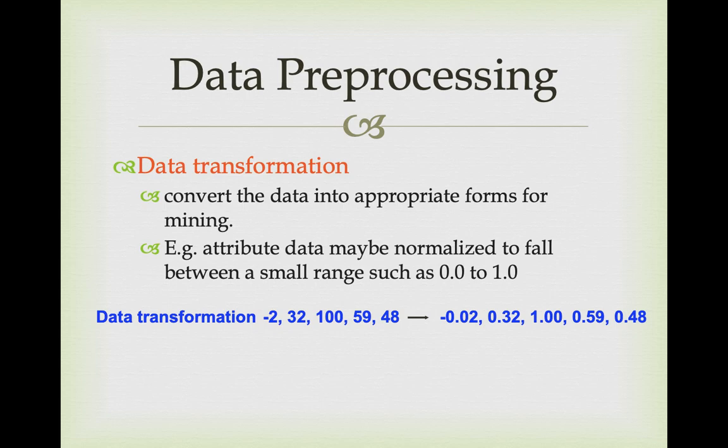Okay, data transformation converts the data into appropriate forms for mining. For example, attribute data may be normalized to fall between a small range such as 0.0 to 1.0. So as I mentioned earlier, we transform from -2 to -0.02.